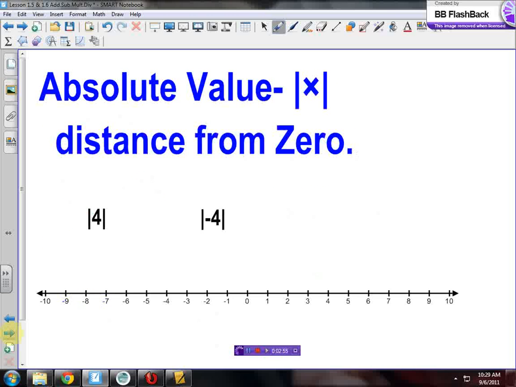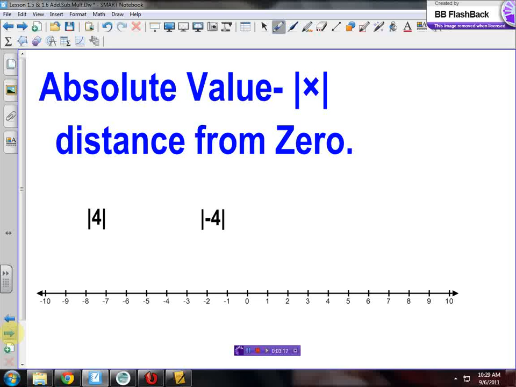Okay? All right. Now, we're also going to be talking about absolute value, which looks like 2 straight lines on either side of a number or a variable like that. And absolute value means distance from 0. Have you guys dealt with absolute value signs before? Yes.